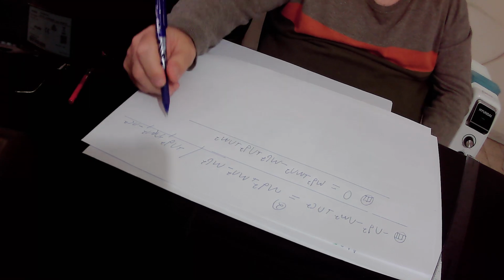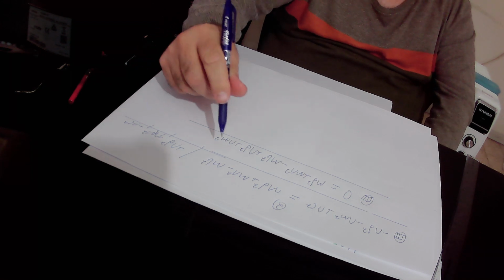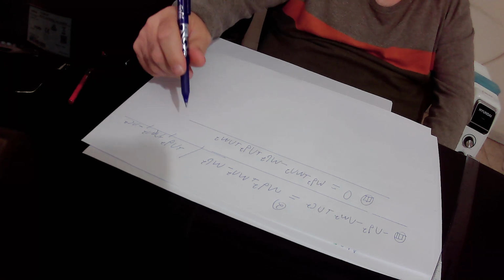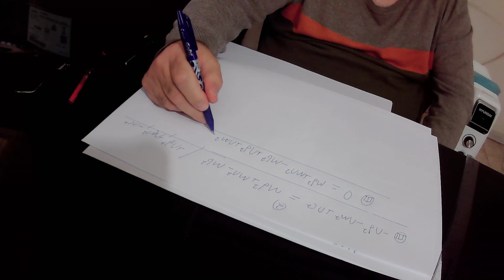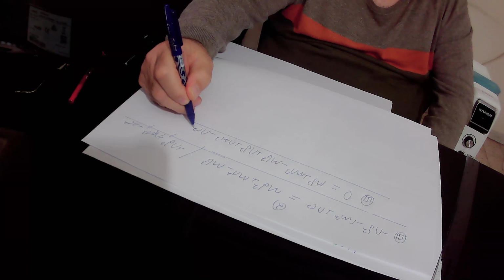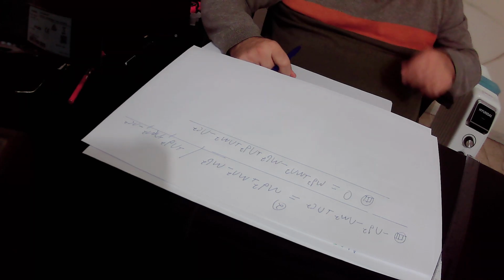And finally, we have to subtract on this side of equation number 3 nc squared. Okay.